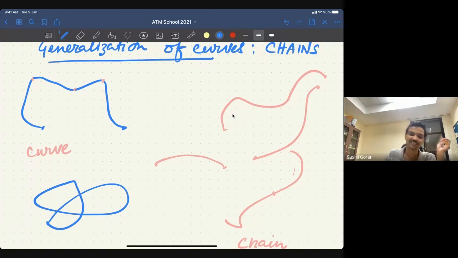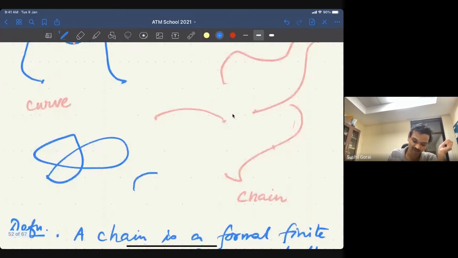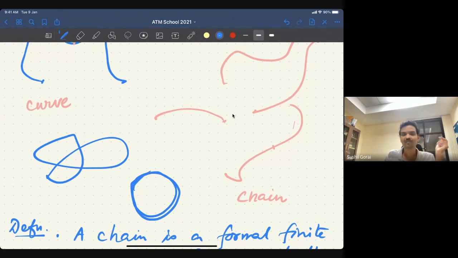The self-intersection is in the whole curve. If you move in the circle twice, for example, a lot of intersections are there. These are curves. Once you can parameterize continuously, and of course we need piecewise smooth for our purpose, from an interval [a, b] to C, that's a curve.